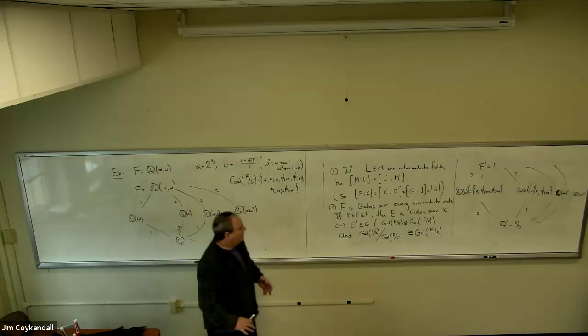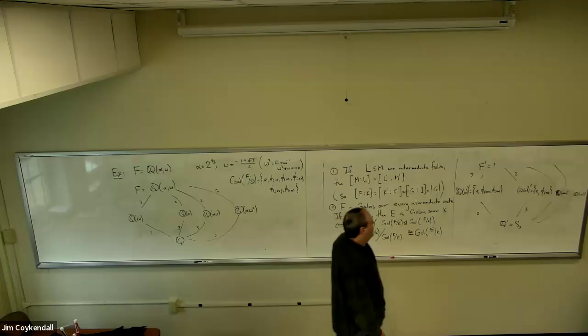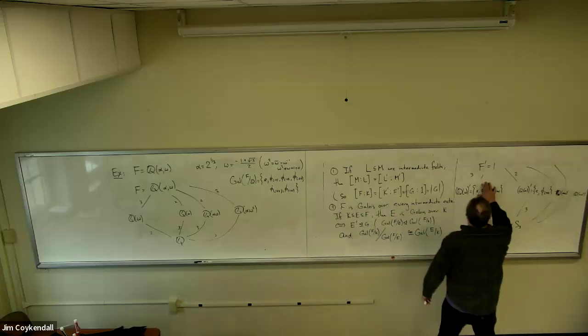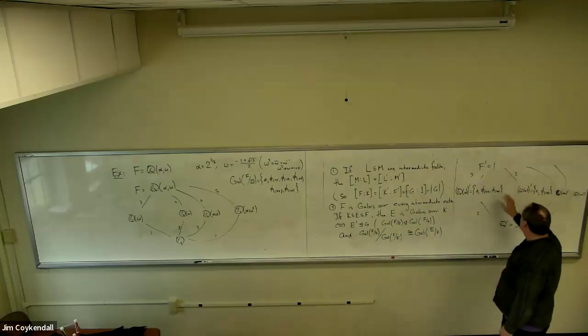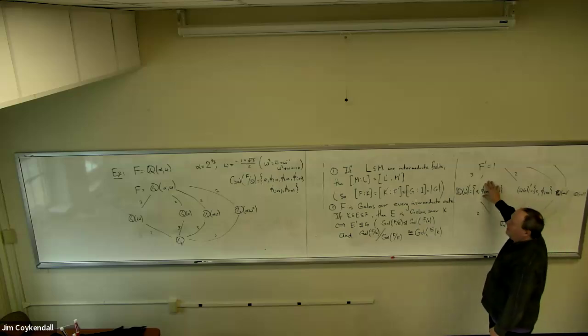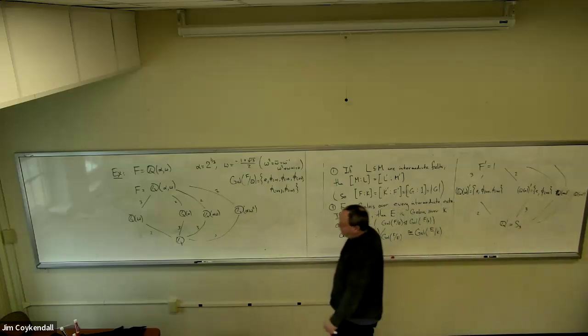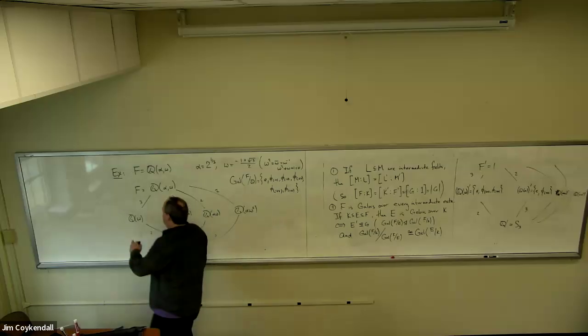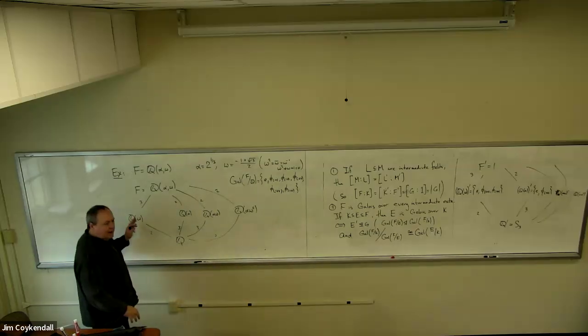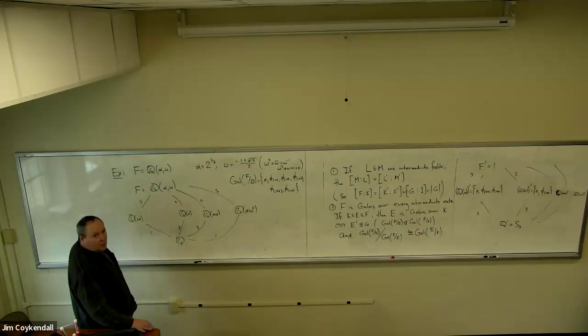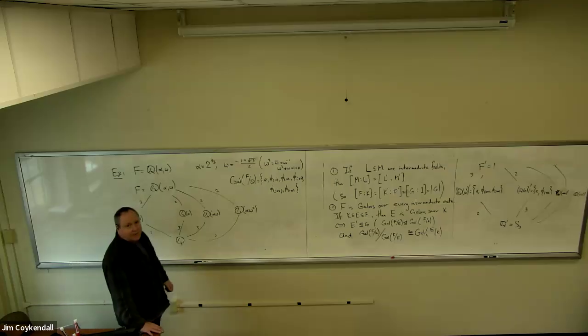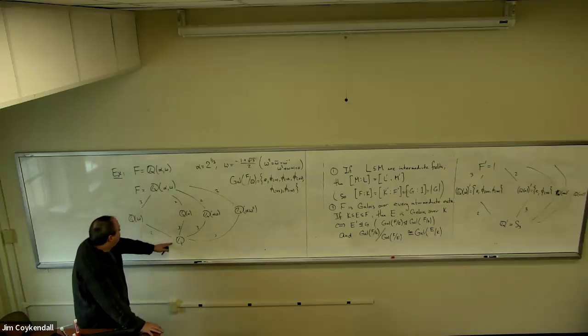Now, notice that this is the only normal subgroup other than the identity in the whole group. So this one right here, Q(omega), is the only intermediate field that corresponds to a normal subgroup. Now, notice this extension is of degree 2.